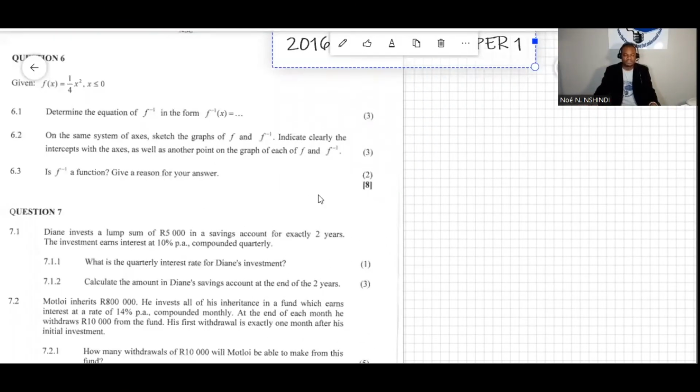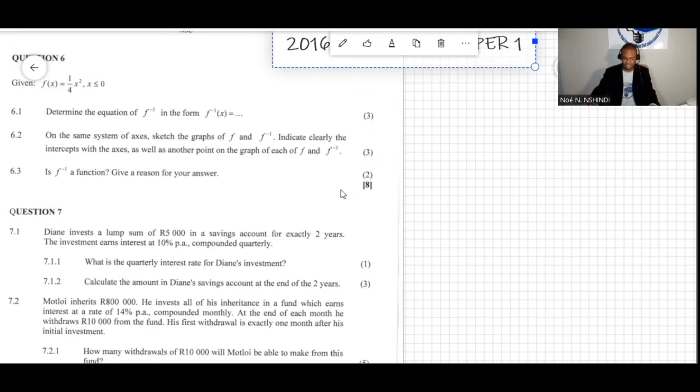Well, we have a question here, question 6. The question says that given f of x equal to a quarter x squared, and then x is less than or equal to 0. 6.1, the question says determine the equation of f minus 1 in the form f minus 1 of x equal to.